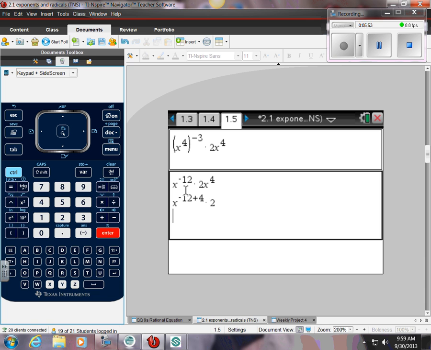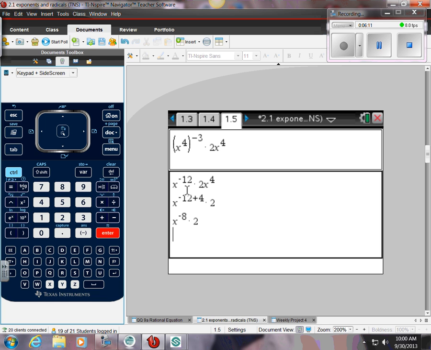They're like bases, x and x. Okay, so what do I do? Negative 12 plus 4, what does that give me? Yeah, x raised to the negative 8 times 2. Do I like that negative exponent? How do I get rid of it? Yeah, make it a fraction, right?